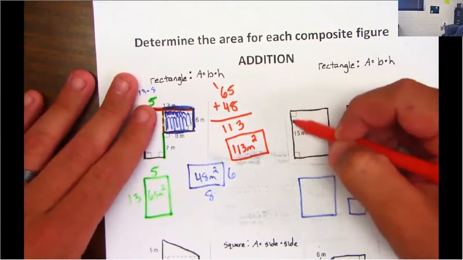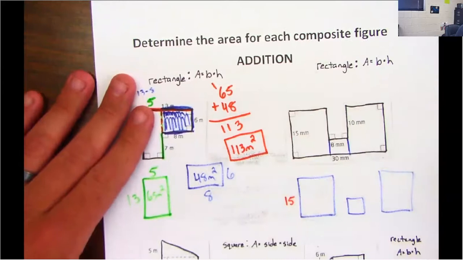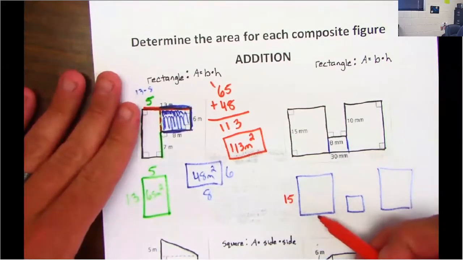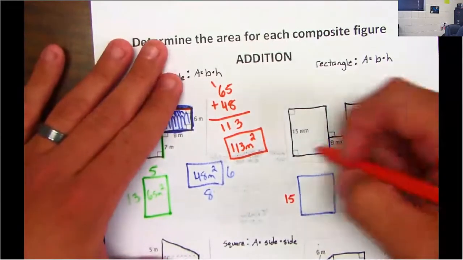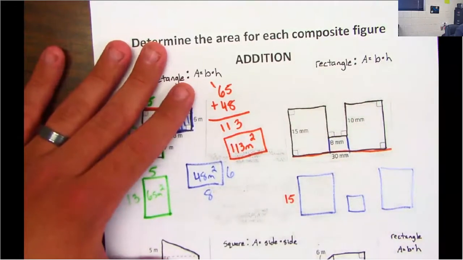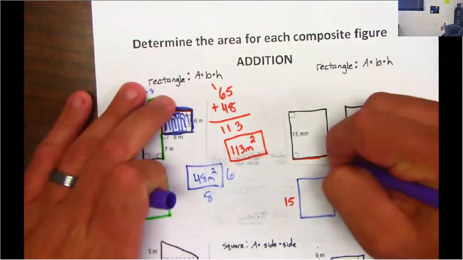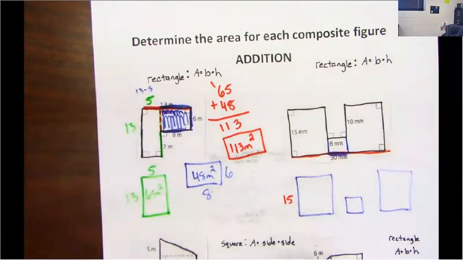This entire length is 15. Well, guys, what is this piece? I don't know. Well, check this out. This entire length is 30. But I used 8 of it right here. So what's 30 minus 8? Well, that's 22.